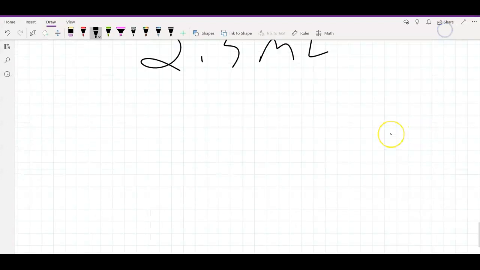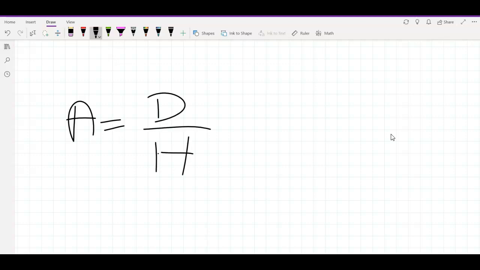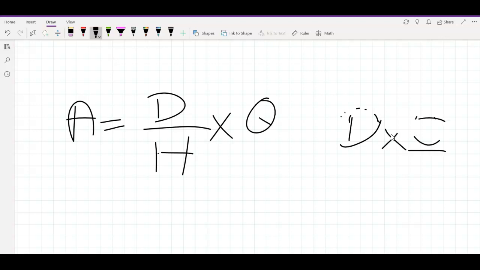So really, if you look at the formula method, A equals D over H times Q, and you look at the dimensional analysis method, D times Q over H. They're basically the same thing.